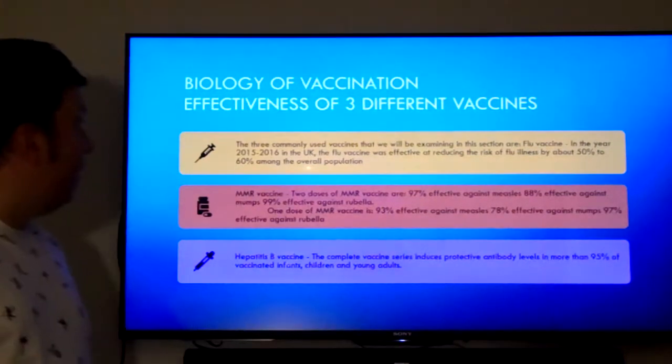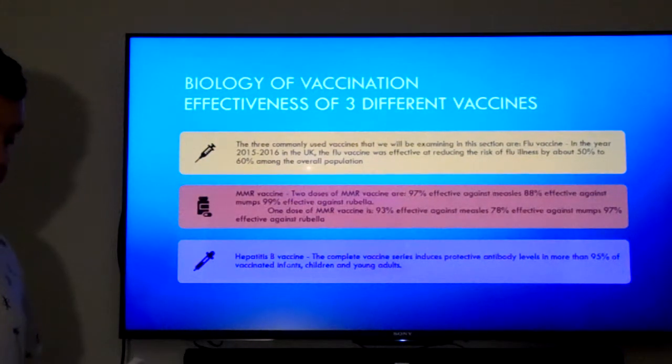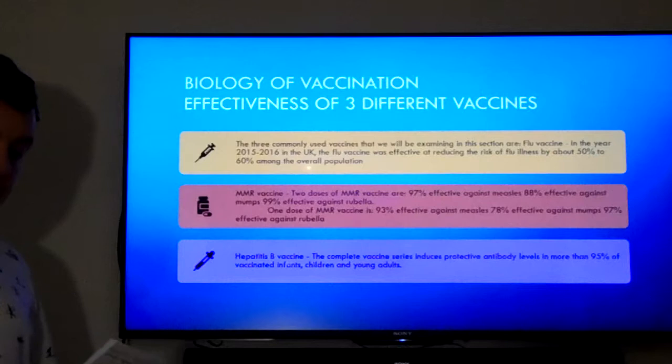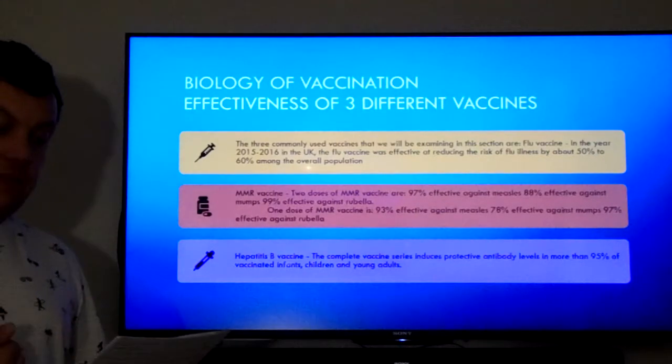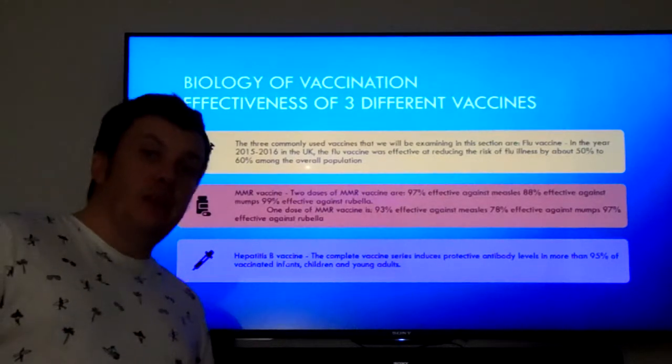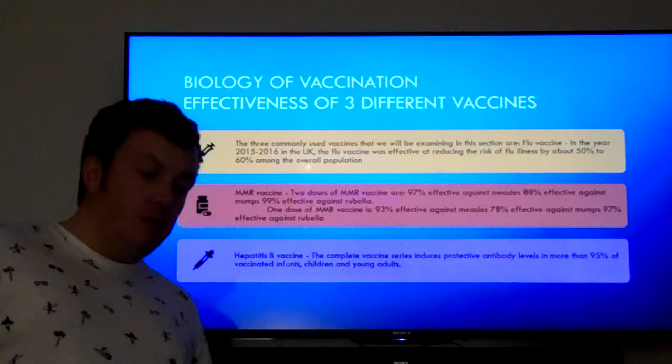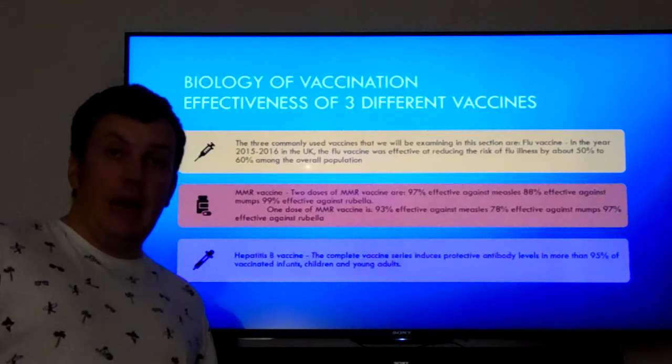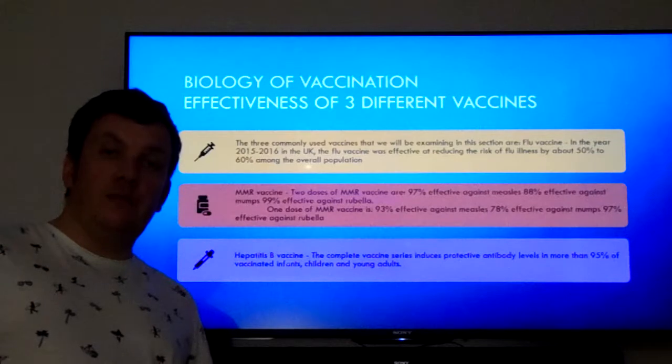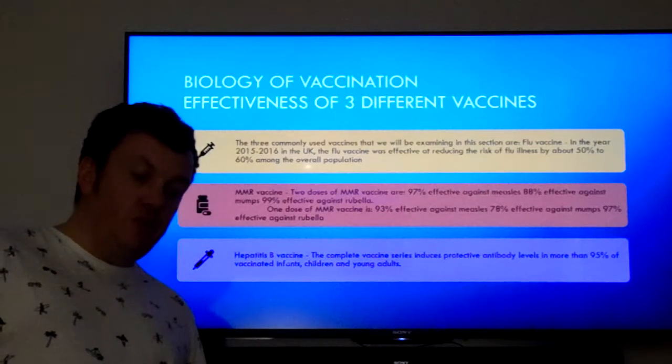Looking at the three different vaccines that we have here, we've got the flu vaccine, and again, like we previously discussed, its effectiveness depends upon who is receiving it and what strain it is for, whether it is going to be for the prevalent strain that year.